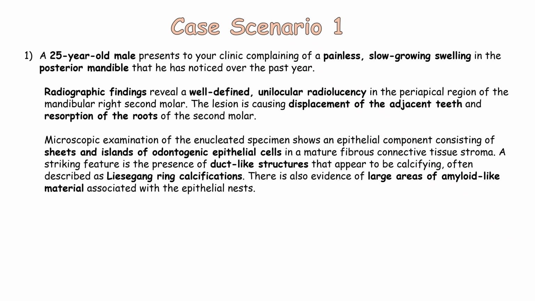Case scenario 1. Identify the tumor. Answer is Pindborg tumor. Why Pindborg tumor? Here mainly duct-like structures, which are a unique feature in Pindborg tumor, and Liesegang rings, which are seen in two tumors, that is Pindborg tumor and adenomatoid odontogenic tumor, but duct-like structures are not seen in adenomatoid odontogenic tumor.